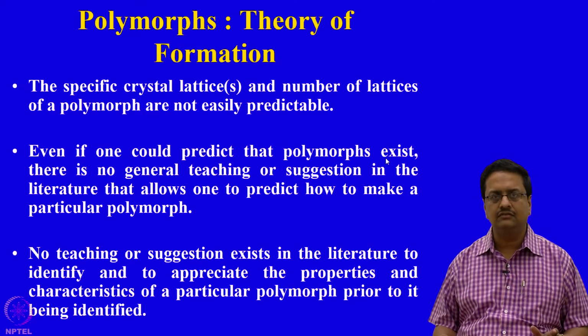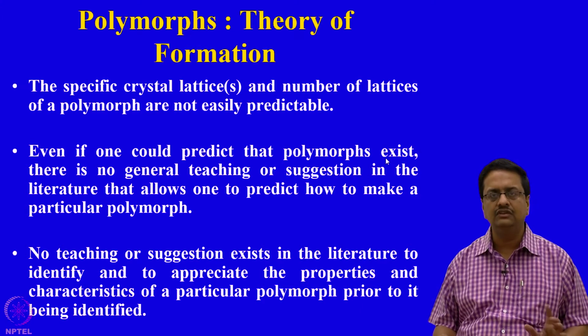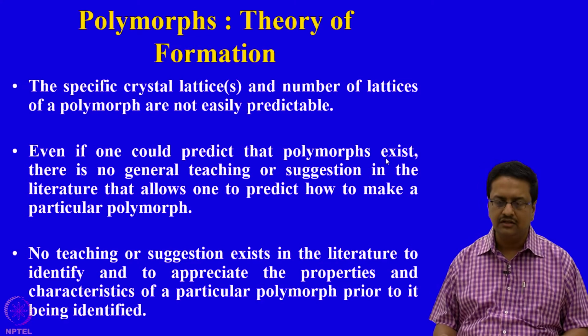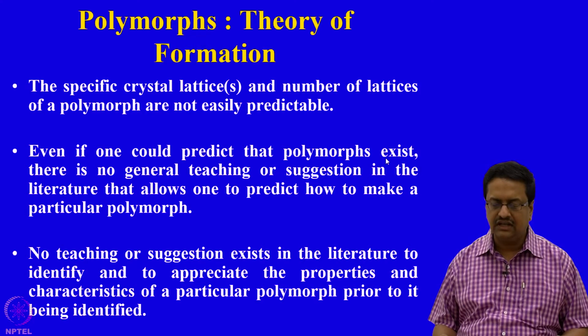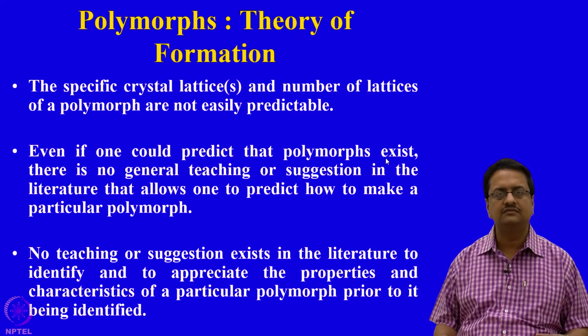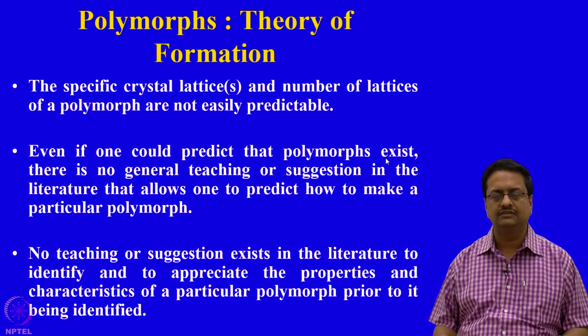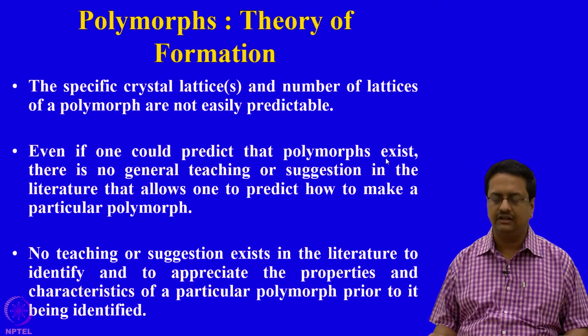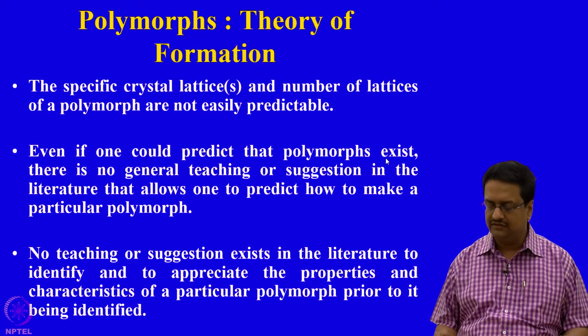So, what we are trying to indicate is that just by looking at a molecule, a chemical sketch, it is not possible to predict whether it will have more than one crystalline form, and if it can, how those forms can be generated. Nowadays, there are some crystallographic software packages where computational tools are used to predict different polymorphs, but it is not always experimentally achievable.